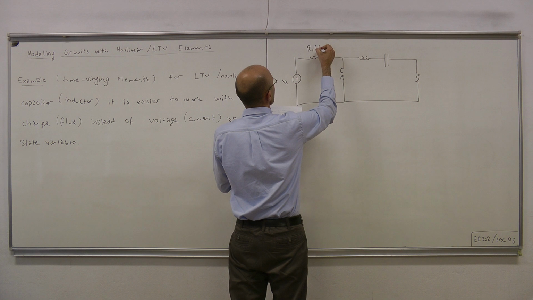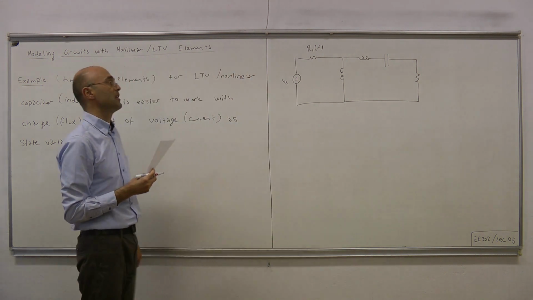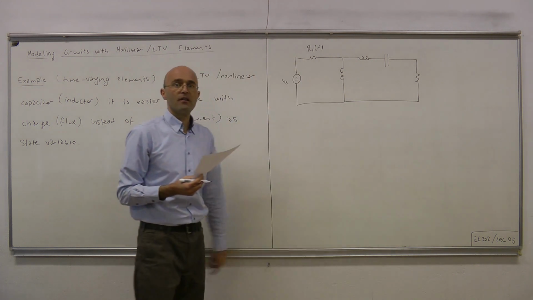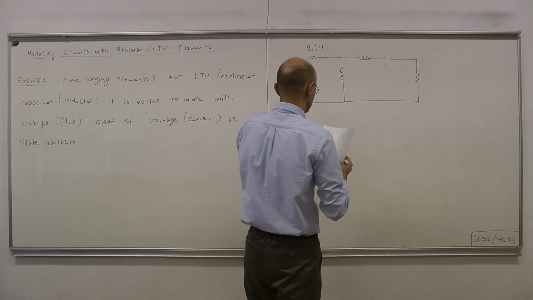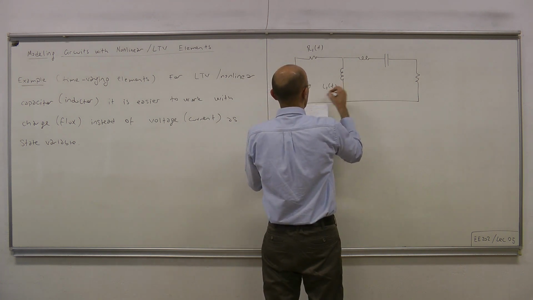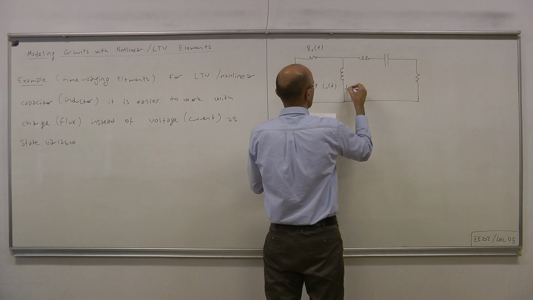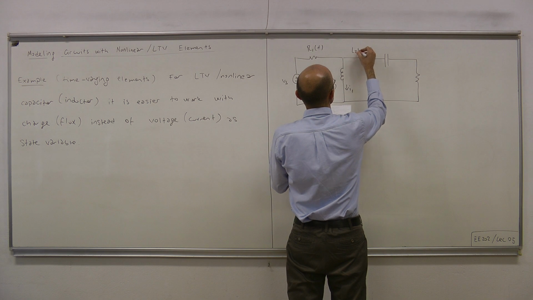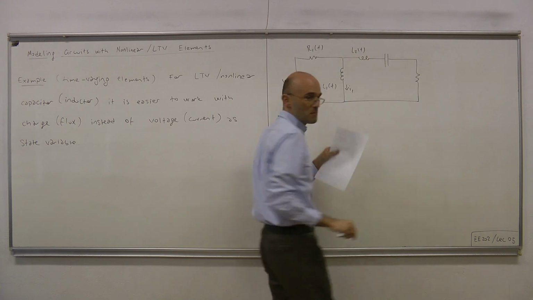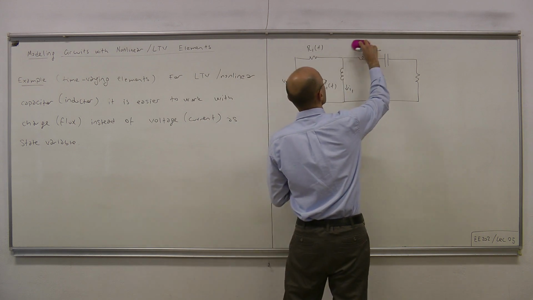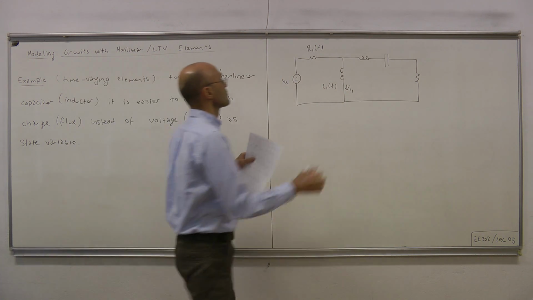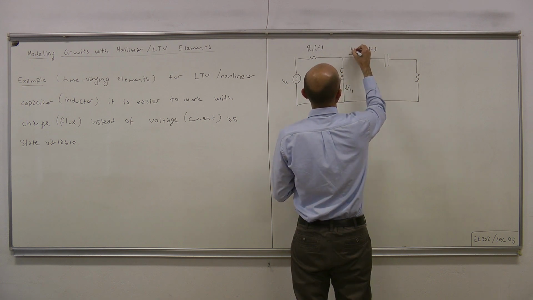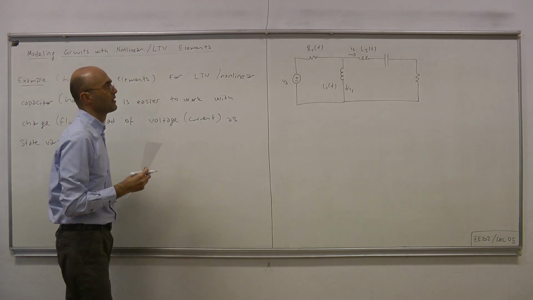We have here an LTV, linear time varying resistor, where the resistance is a function of time. And we have L1 of t for our first inductor, whose current is I1, and we have L2 of t for our second inductor, the inductance of the second inductor, which is also time varying, and this is the current of the second inductor.